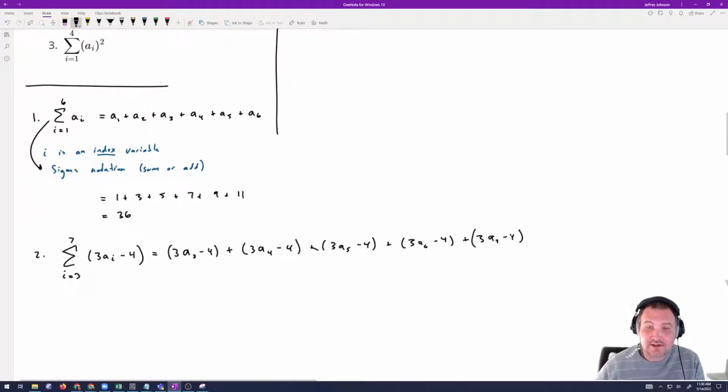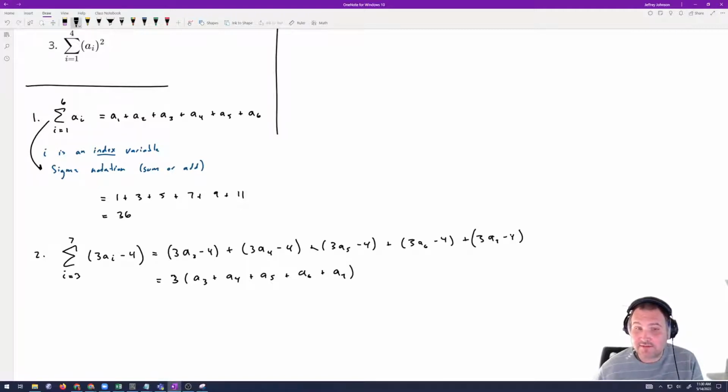Now we can see that we could do a little bit of shuffling around to make the math easier here. We could group all of the a_3, a_4, a_5, a_6, a_7. They all have a 3 next to them. So we could write this as 3 times a_3 plus a_4 plus a_5 plus a_6 plus a_7, and then we have minus 4.